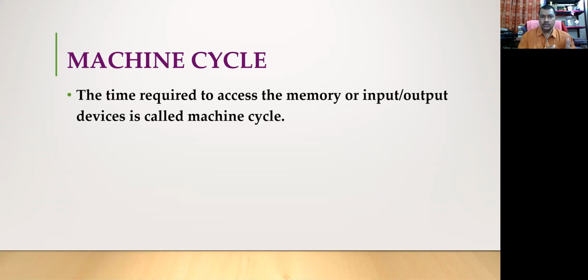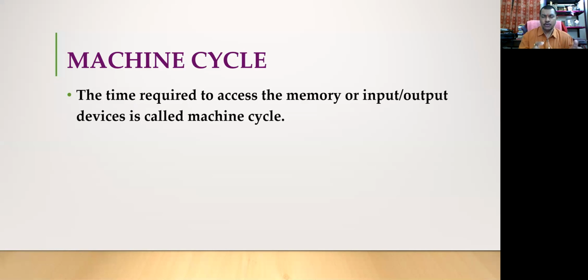Now these are some small definitions of the cycles or the clock pulses which are required to operate the opcodes. So the time required to access the memory or input output device is called a machine cycle, right?